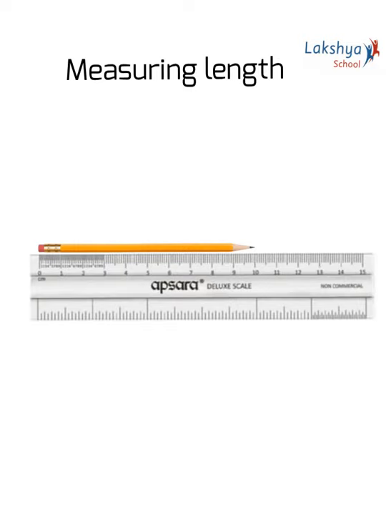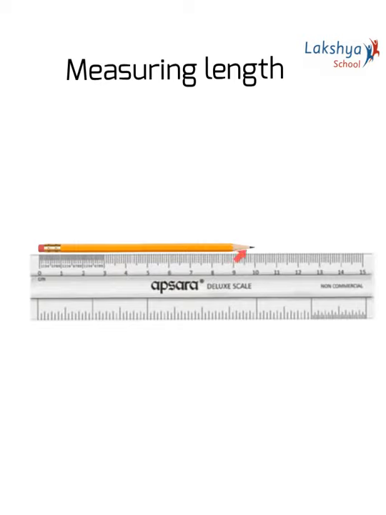The rules of measuring. Place one end of an object, that is a pencil over here, on the marking 0 of the ruler. Now ensure that both the pencil and the scale are in a straight line. Now we can find the length of the pencil by looking at the other end of the object, that is the tip of the pencil.